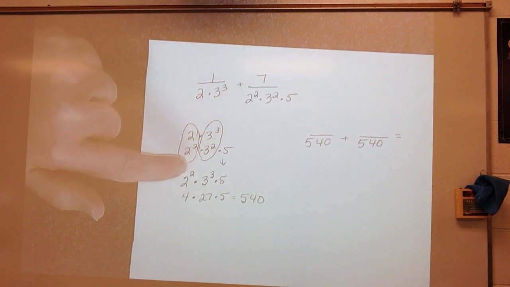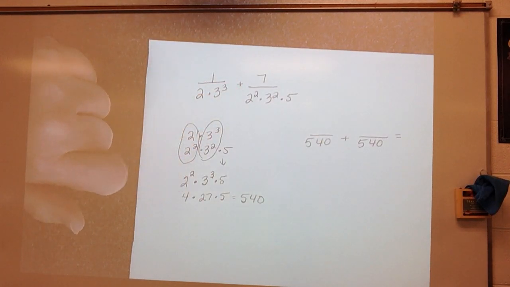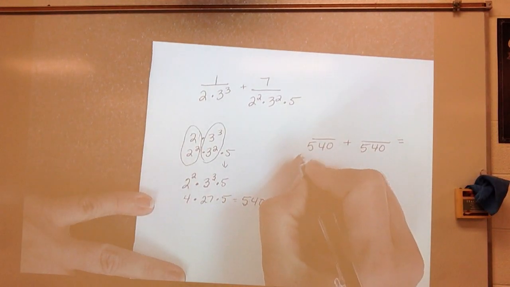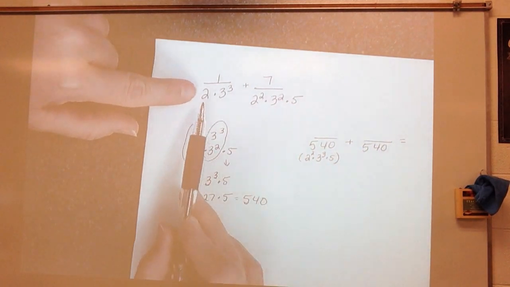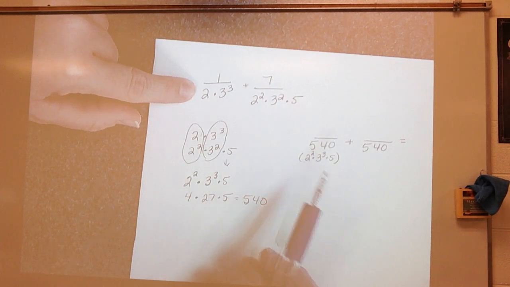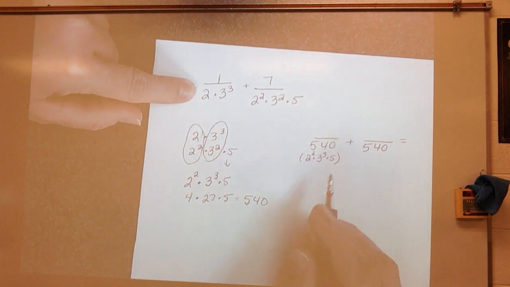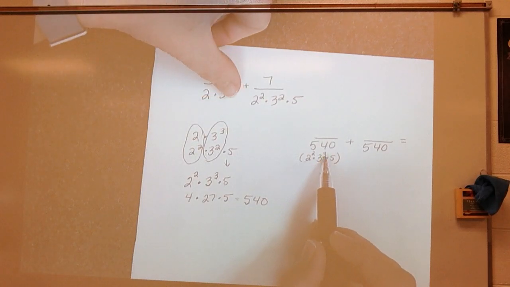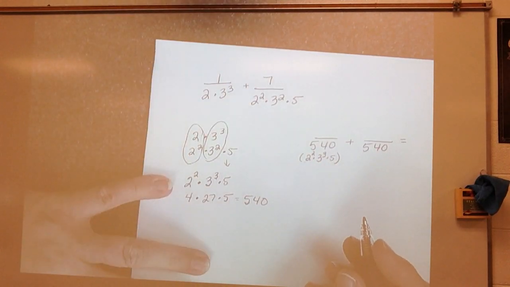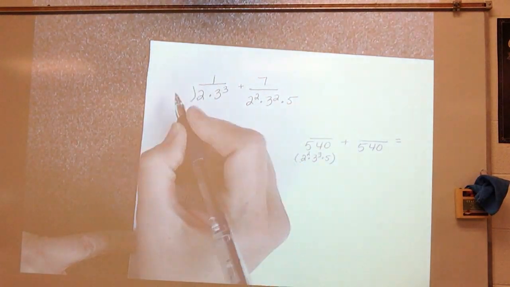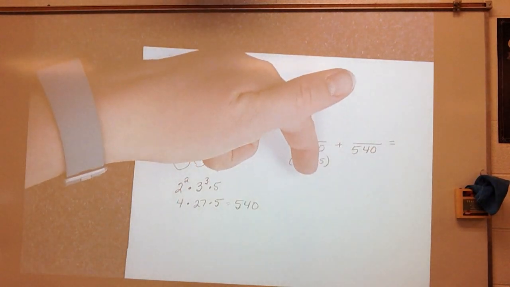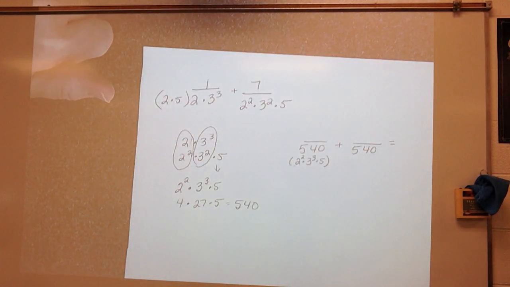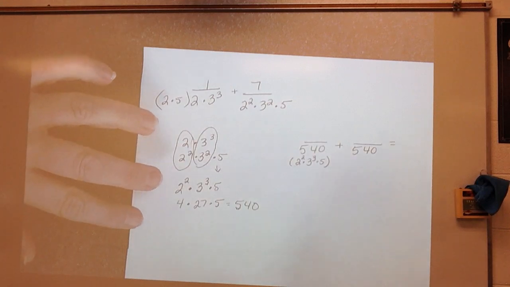All right. I need to figure out what I still have to multiply by. I'm going to write this down here so I can see that. Well, I've already got a 2. I've got my 3 cubed, and I've got my 5. So I would actually have to multiply this times 2 times 5 to get everything that's in there. So I need to multiply this times 10. So 10 times 1 is 10.